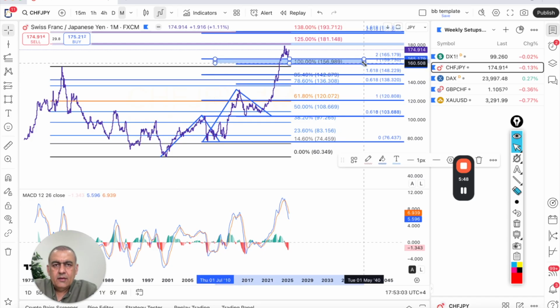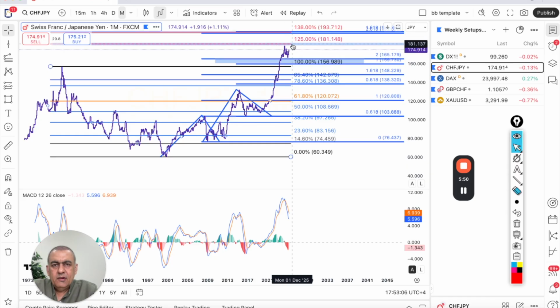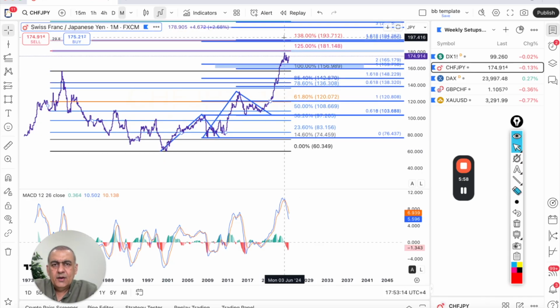So this is now acting support. In between we have a minor resistance, single line of Fibonacci, and the major resistance is, now we have a confluence at 138%. So 138% plus 2 Fib extensions, they are all coming together at 193.71. So this is the destination now.